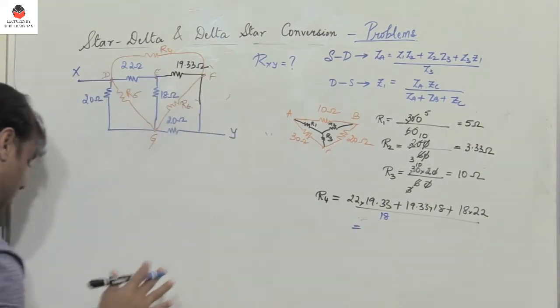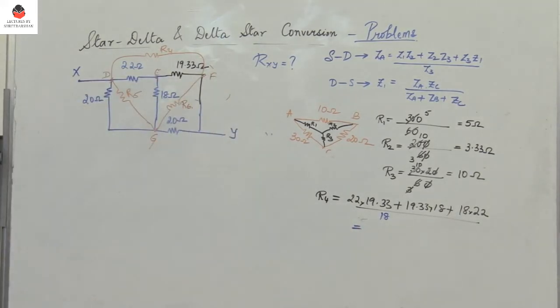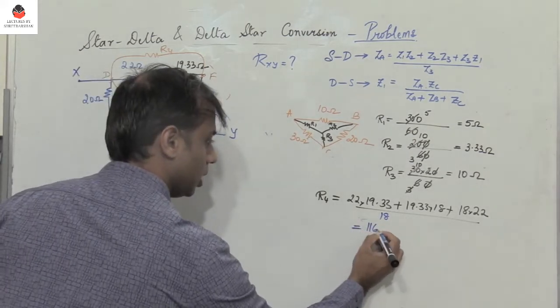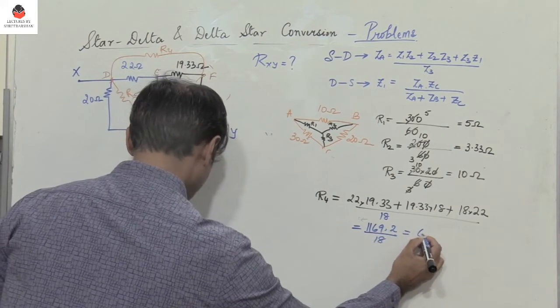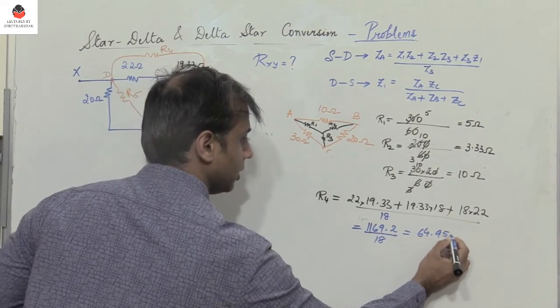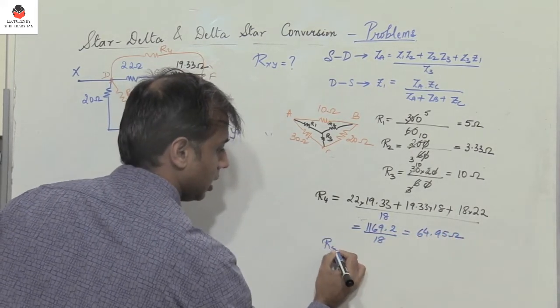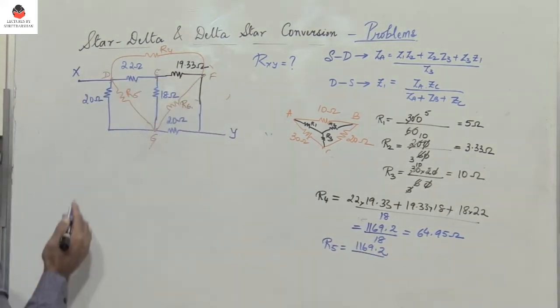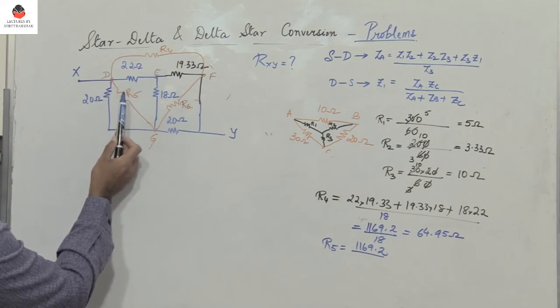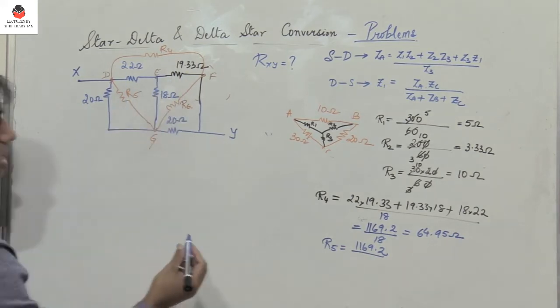So the numerator remains the same. So you get the value of the numerator as 1169.2 divided by 18. So the value is 64.95 ohms. Next, what is R5? The numerator remains the same, 1169.2. So now observe R5. To find R5, divided by 19.33.